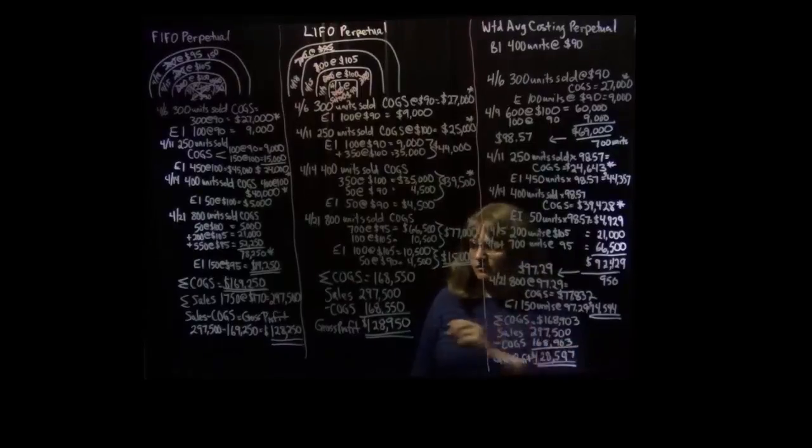So you can see that the gross profits under each of the three methods are not drastically different, but they are different, and they will be different typically when we're using these different costing methods.